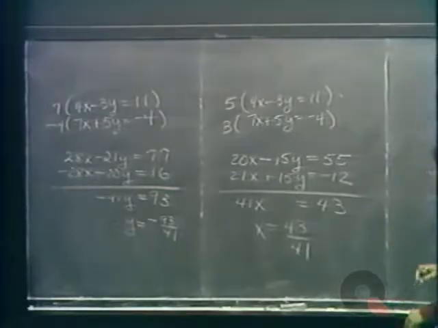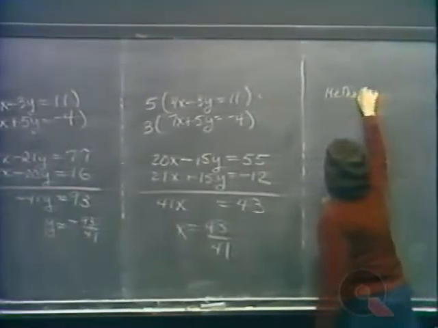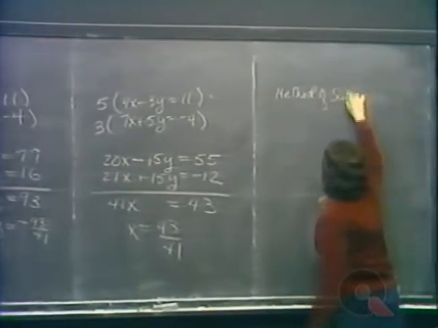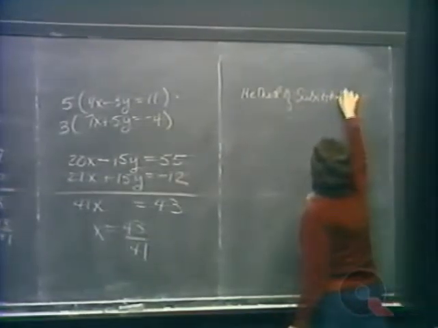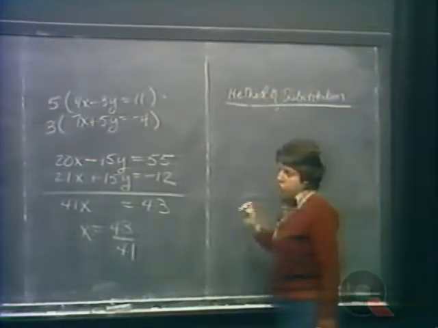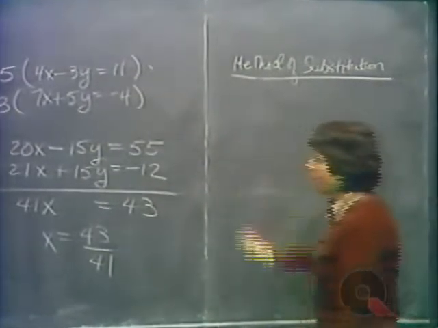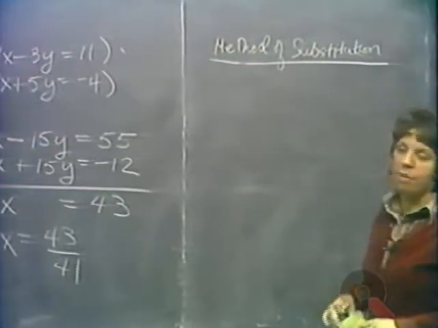And one other possibility, I would like to show you now the method of substitution. For times where this is applicable, it can be easier than the method of elimination to use. It's not always applicable. But when you can use it, sometimes this produces a solution quicker than the method of elimination.